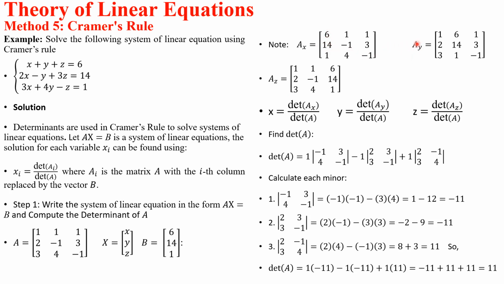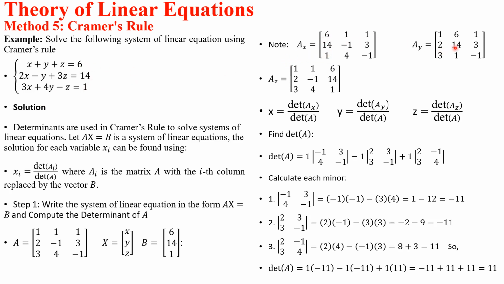The matrix AY is where the elements representing the coefficients of Y are replaced by the constant values 6, 14, and 1, and every other thing remains as it is in the main matrix.